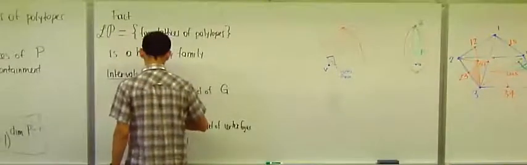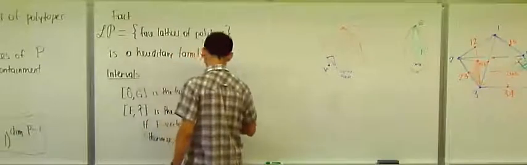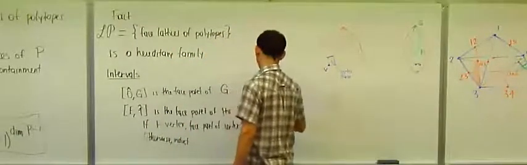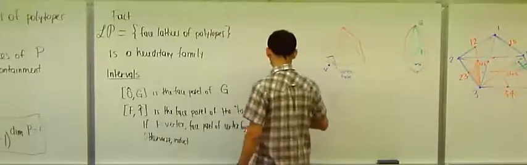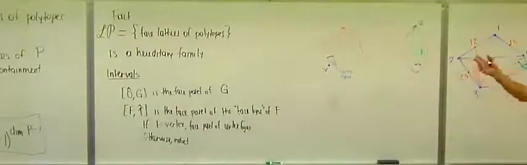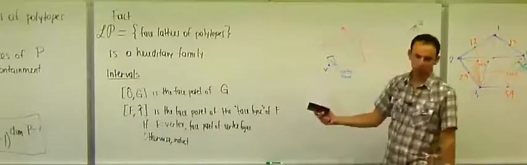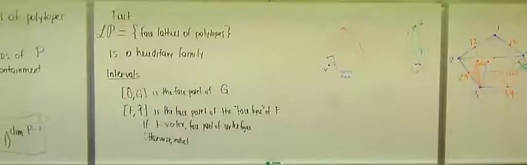And this is what's called the face figure of F. Okay. So the point is that any interval of a lattice of a polytope is also a lattice of a polytope.